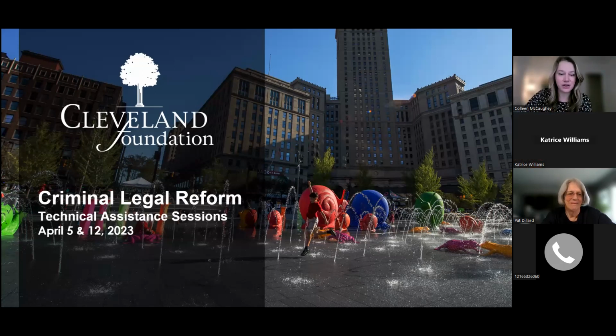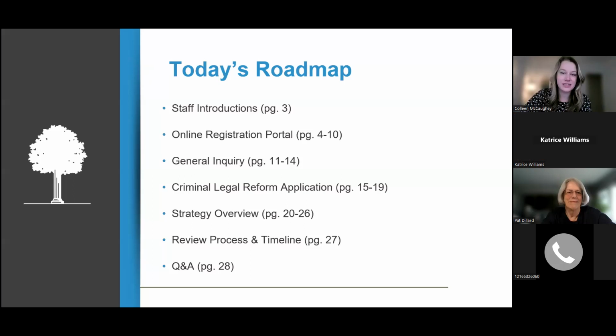We'll begin by doing a quick overview of what we're going to cover today. We're talking about who we are and your resources here. We'll go through the online registration portal, which is the first step to applying for a grant. We'll talk about the Cleveland Foundation's general inquiry process, which is a different process, but if you are eligible to apply, we wanted to make sure that you know how to do that and what that process might look like.